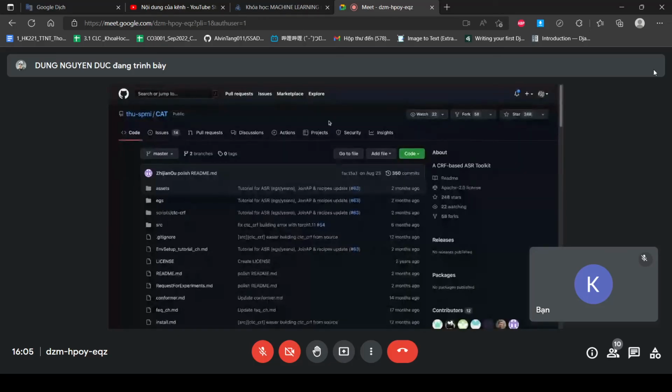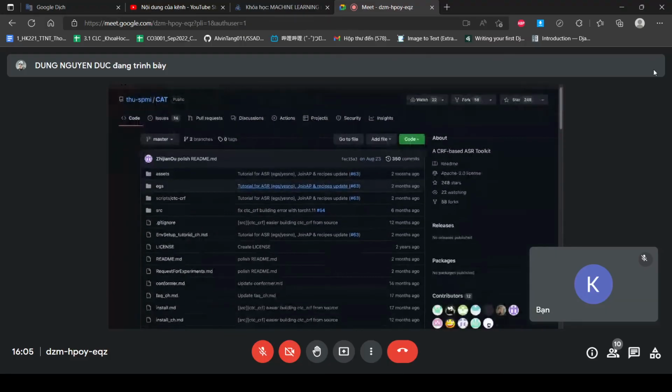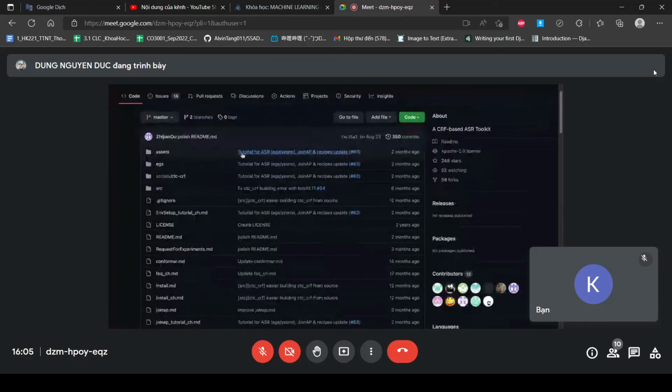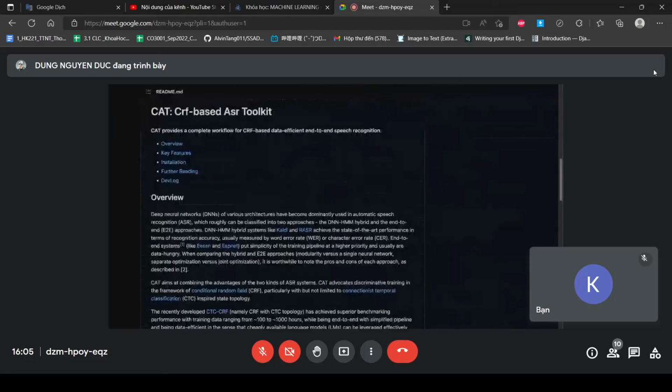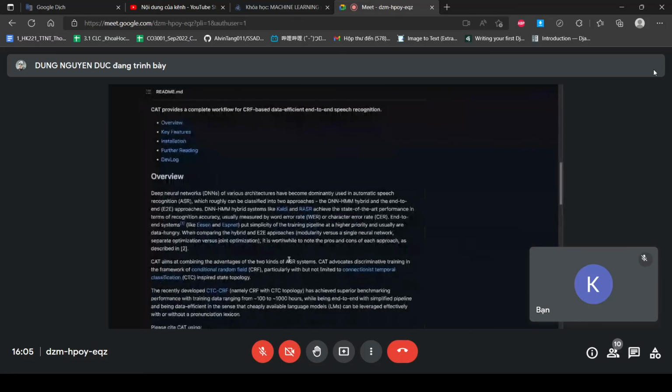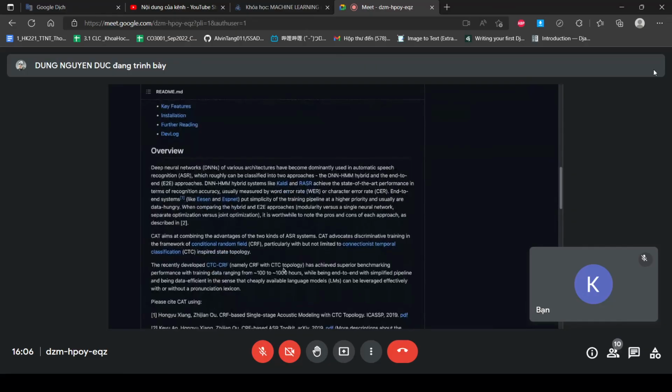All right. So you are seeing a repository that implements automatic speech recognition using conditional random field. It takes a while to read the description, of course. But this one says you can actually use conditional random field instead of CTC. You can replace it by CTC also.